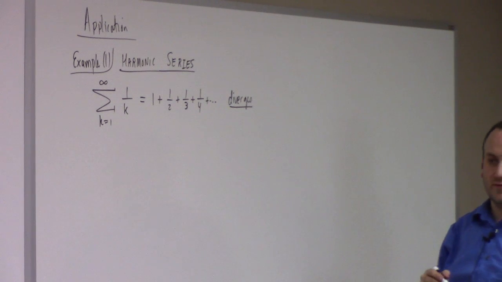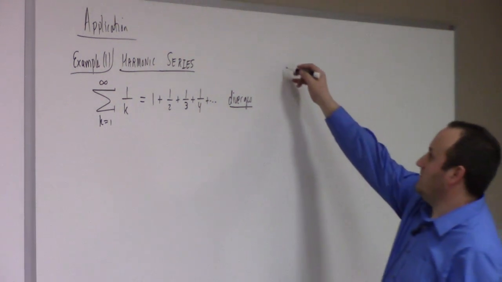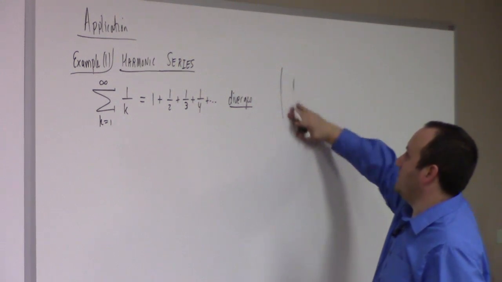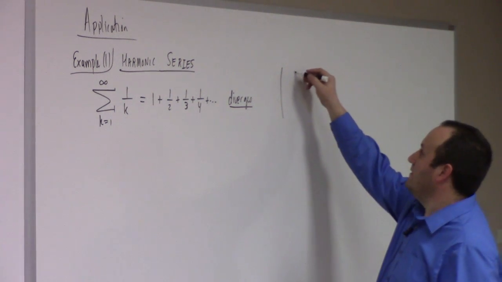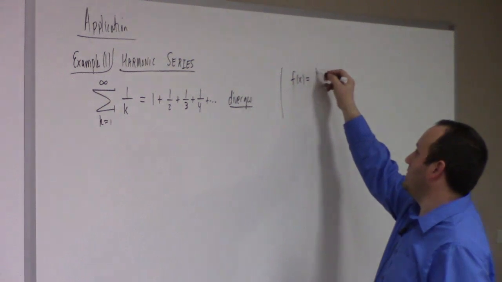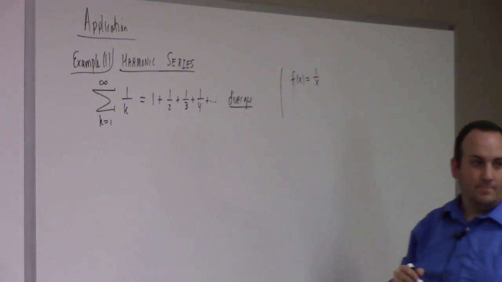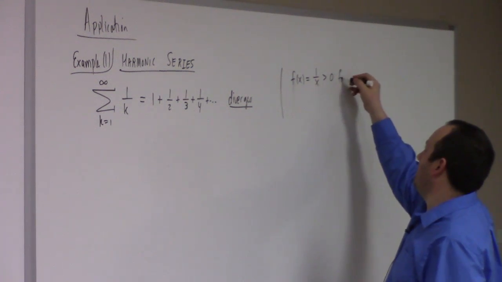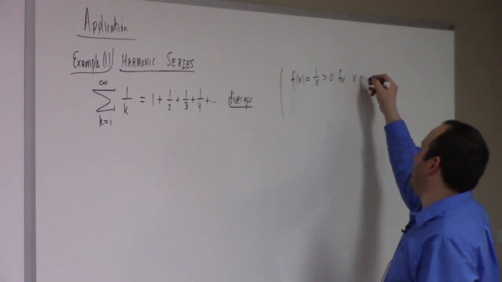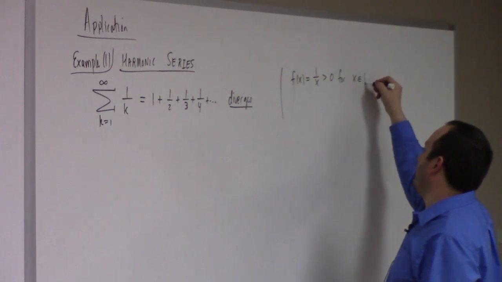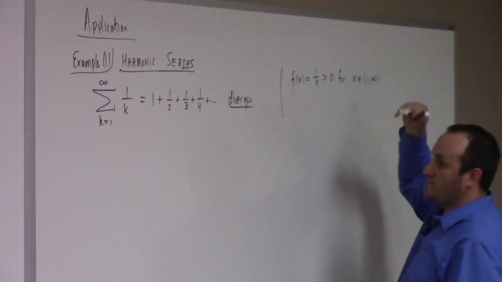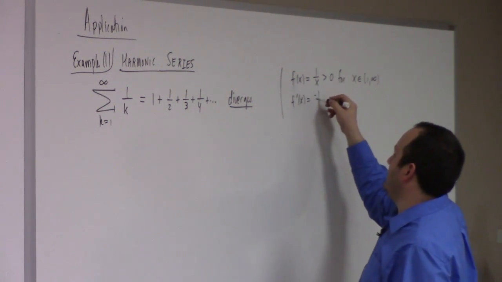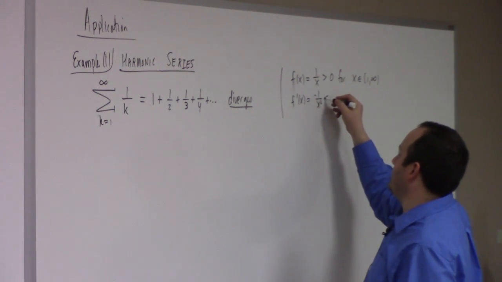Why does this diverge? Well, here's why. If you look at f of x equals 1 over x, this is positive. How can I show it's decreasing? How about this? Check it out. F prime of x is minus 1 over x squared, which is clearly less than 0.